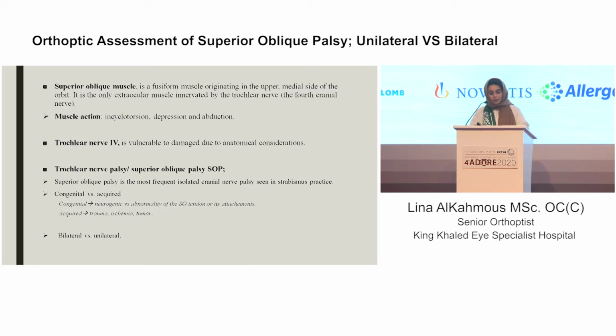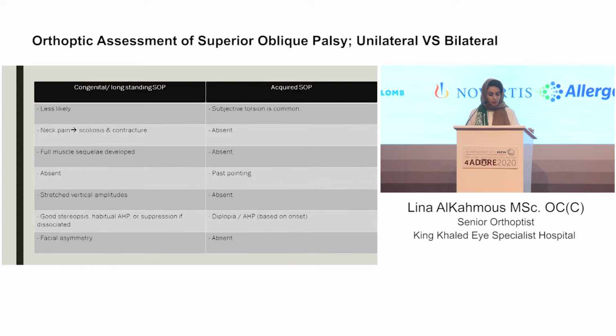We all know that the superior oblique muscle is the only muscle that is innervated by a single nerve, and its anatomical pathway and course make it very vulnerable to damage. It's the most common form of isolated cranial nerve palsy, and it can be unilateral, bilateral, congenital, and acquired.